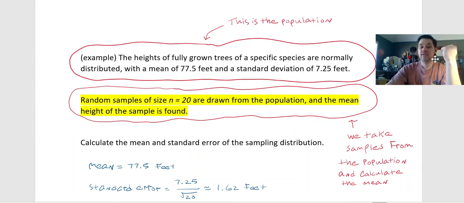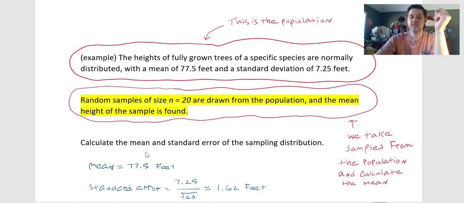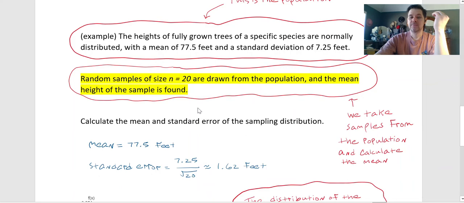And then samples of size 20 are drawn from the population, and we find the average tree height of those 20. Now what can we say about that? It says calculate the mean and standard error of the sampling distribution. So what can you say about this number, the average height of these 20 trees?